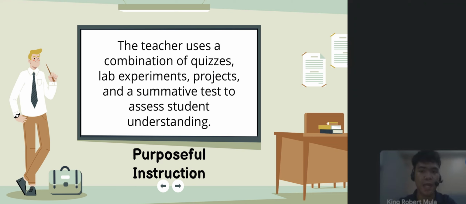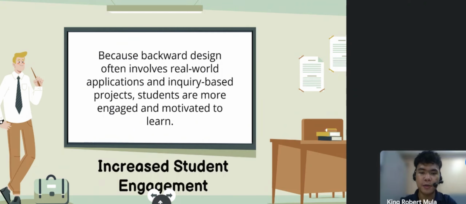Next is student engagement. Real world applications and inquiry-based projects increase the students' motivation and understanding. So, relevance to real life. Students are more engaged when they see how material applies to the world around them.